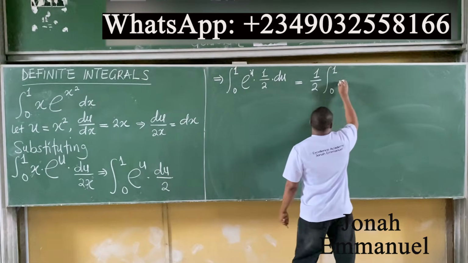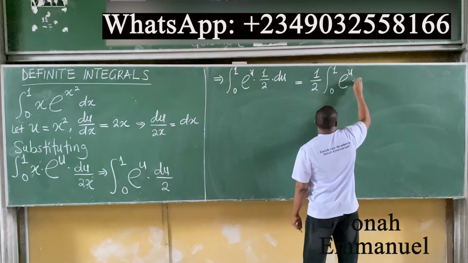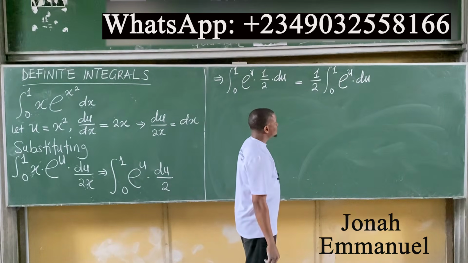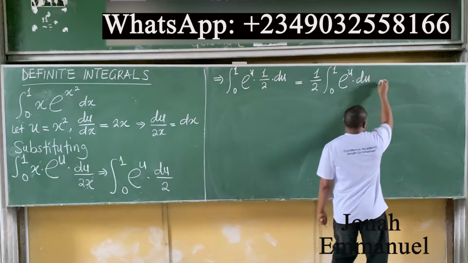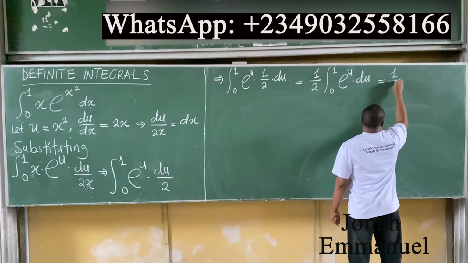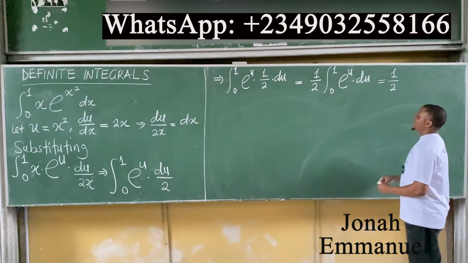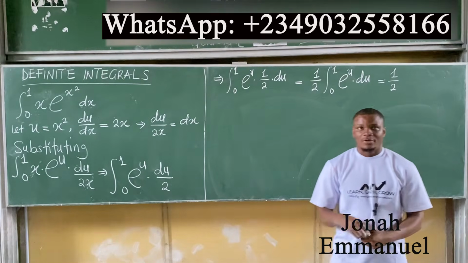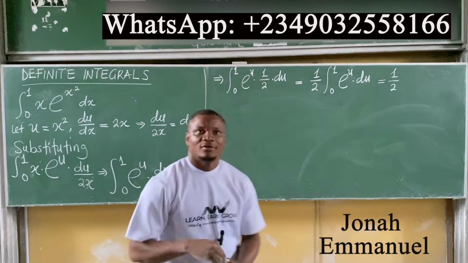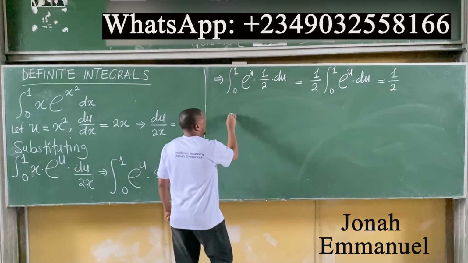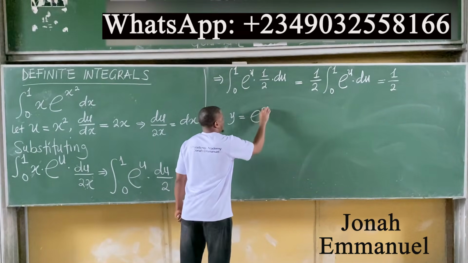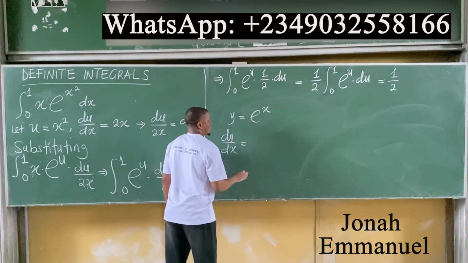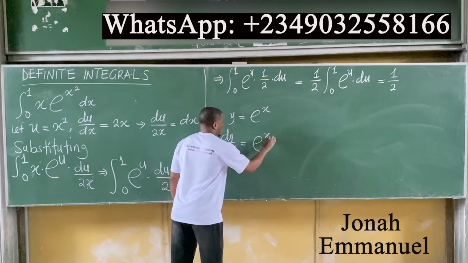Then what do you have here? Exponential u du. This is equal to 1 over 2. Please, if I integrate exponential u, what do I get? Hold on. Look at this. If y is equal to exponential x, what's the value of dy/dx?